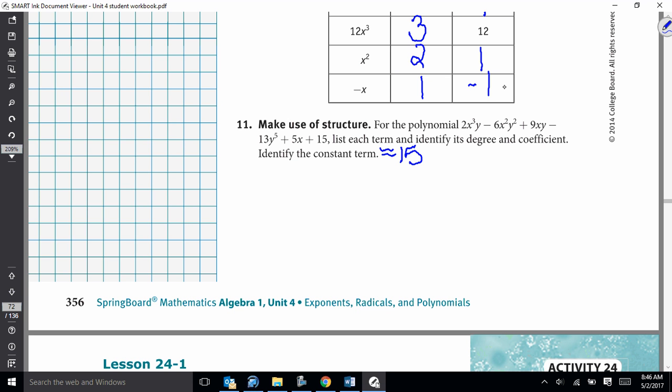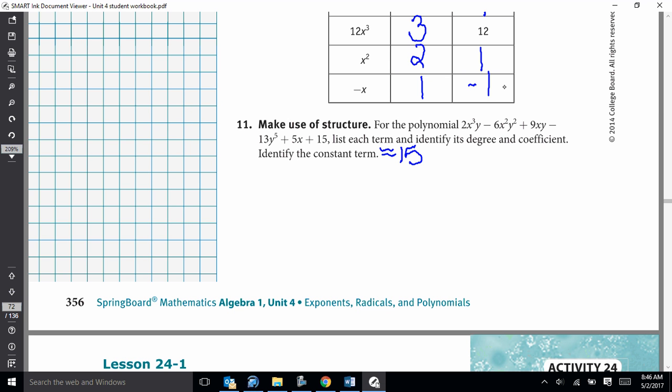So it says list each term and identify its degree and coefficient. All right, so we have 2x cubed y. So what's its degree? Let's look at the x. What's the degree? 3. And what's its coefficient? 2, the number in front, right? All right, and what's the power on the y? 1.